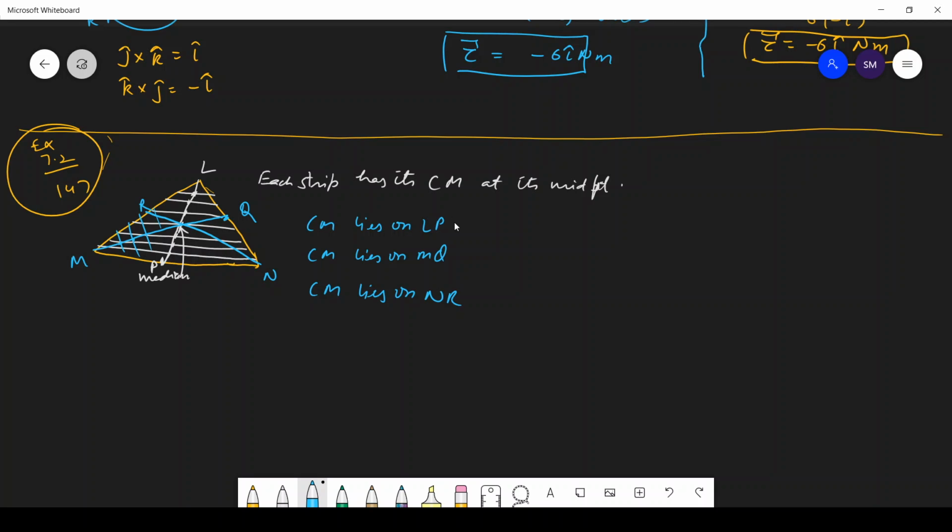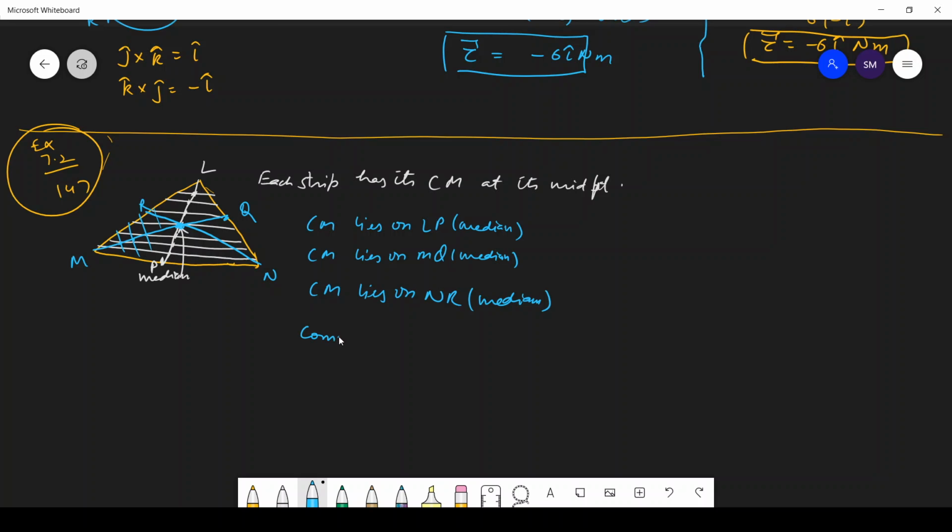So the center of mass will lie on all these medians. Which is the common point which lies on all the three medians? Centroid.